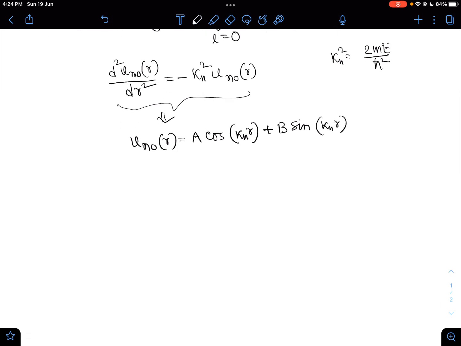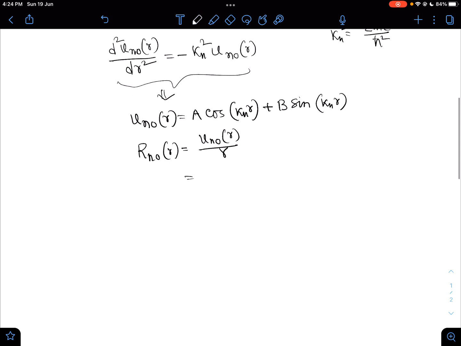If this is our u_n0(r), then what will be our R? R_n0(r) will be u_n0(r) divided by r. That means 1 by r times a cosine k_n r plus b sine k_n r.